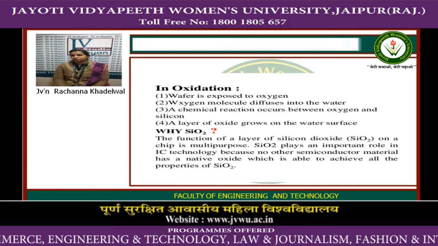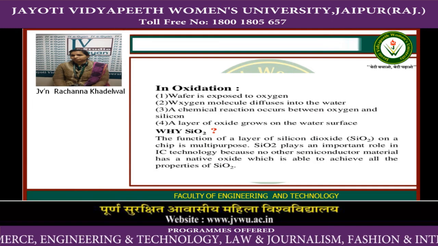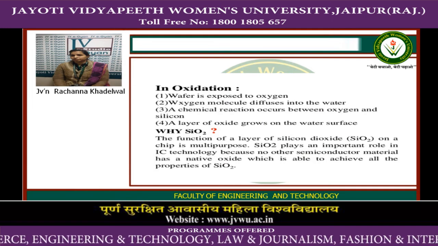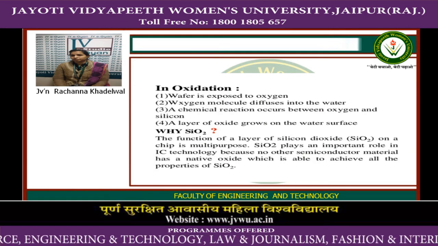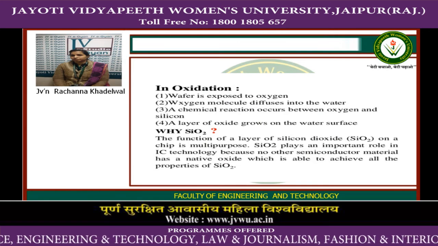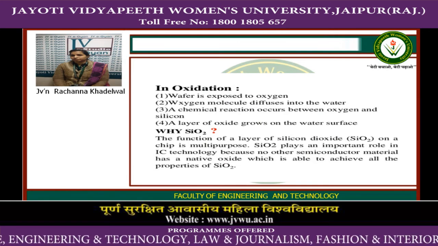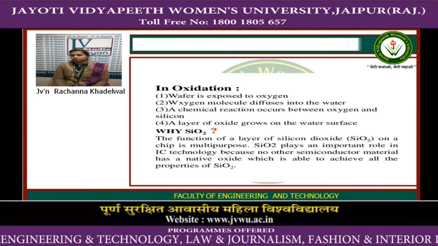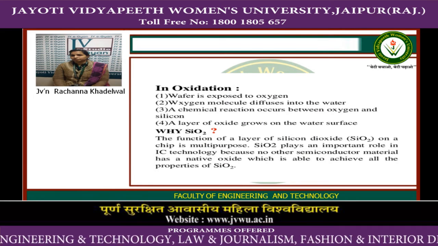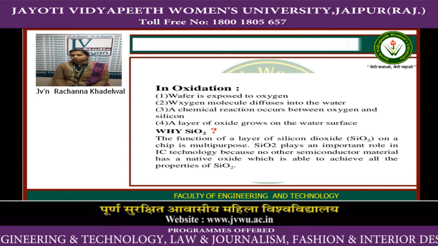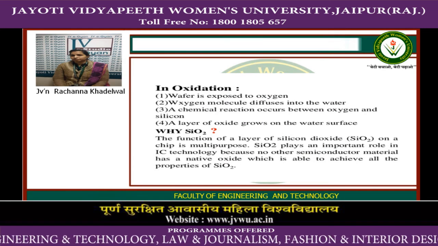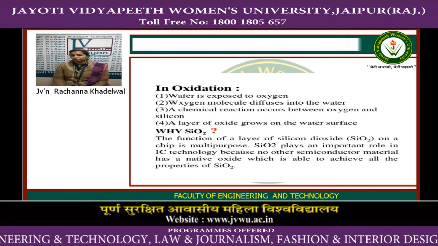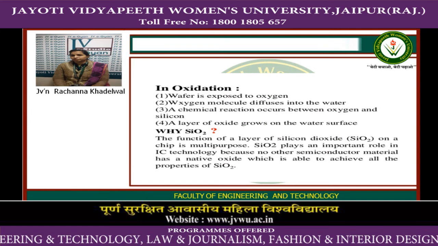Now why do we use silicon oxide, SiO2? The function of a layer of silicon dioxide, SiO2, on a chip is multi-purpose. SiO2 plays an important role in IC technologies because no other semiconductor material has a native oxide which is able to achieve all the properties of silicon oxide.